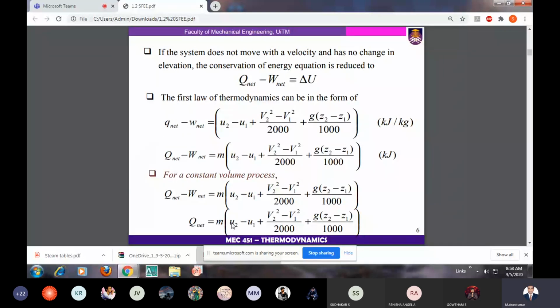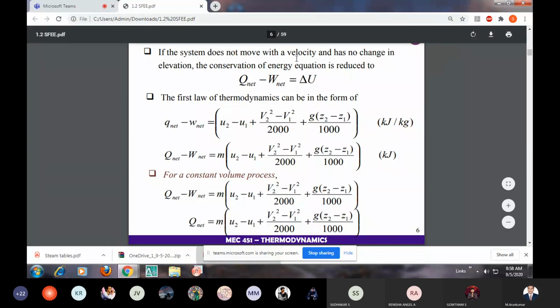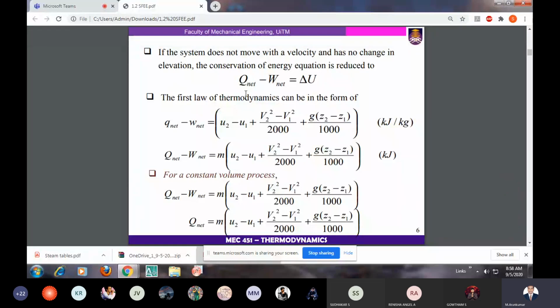Then, if the system does not move with velocity and has no change in elevation, the conservation of energy equation is reduced. If the system has no velocity and no change in elevation or height, then we can write the equation as Q net minus W net is equal to delta U, the change in internal energy.